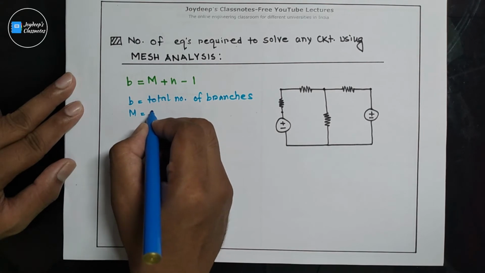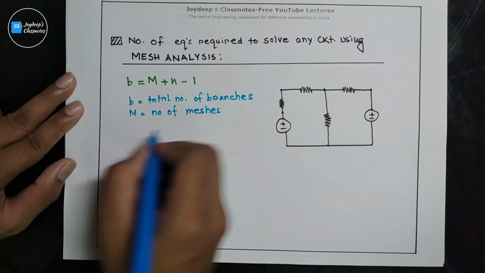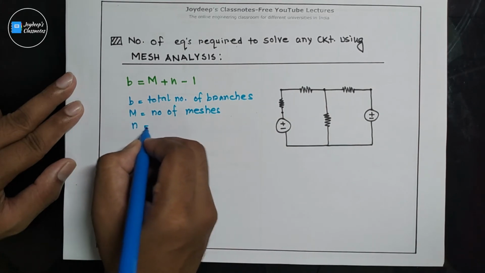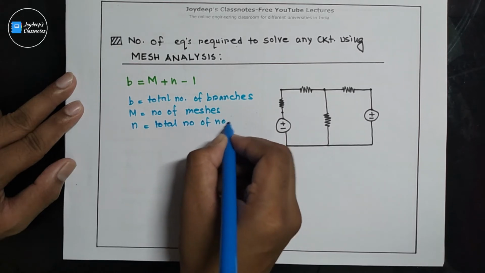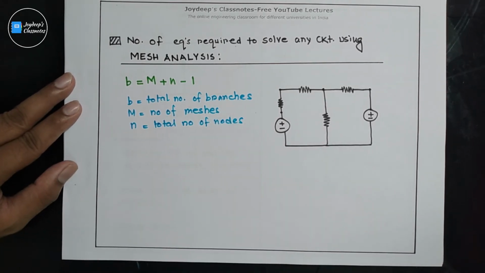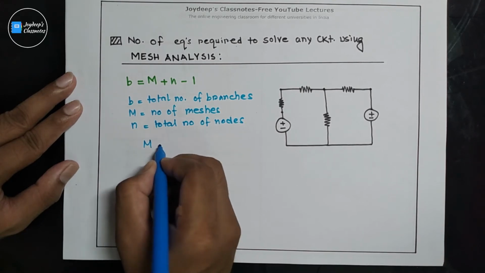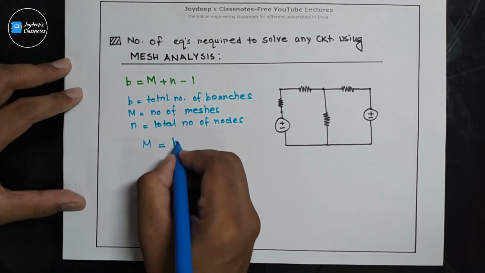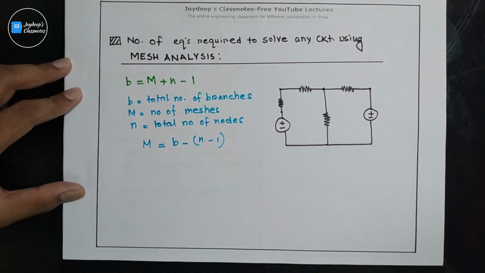M is the number of meshes. What is N? N is the total number of nodes. So M becomes B - N + 1.